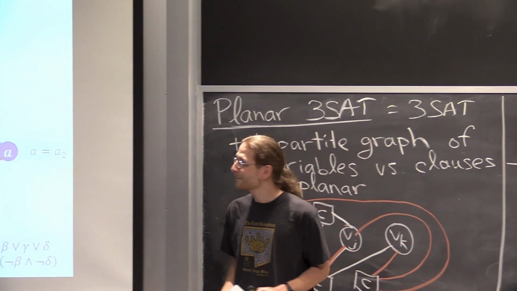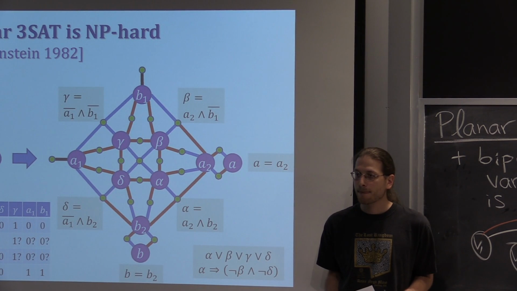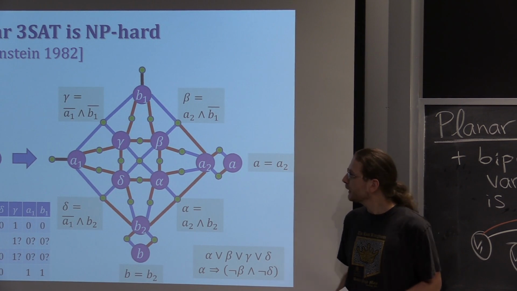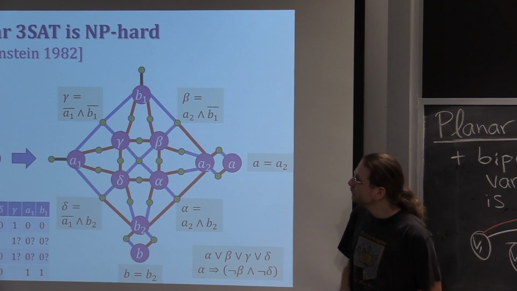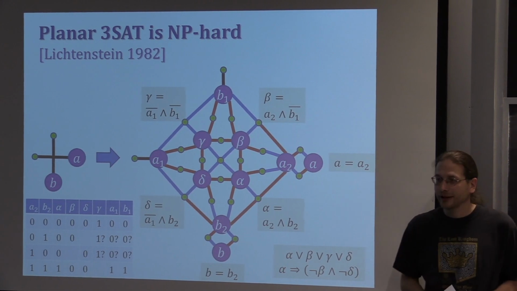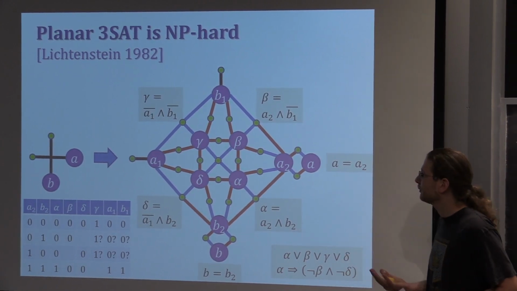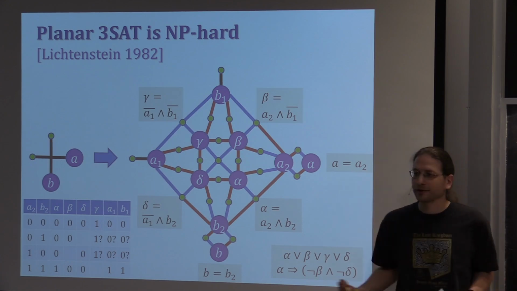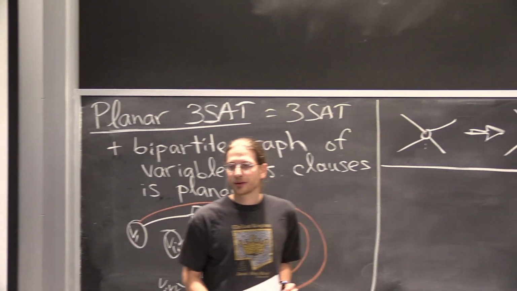Yeah? In the original instance of 3SAT, does it allow two clauses with two variables? For getting planar. Yeah, in general, this would work for any kind of CNF SAT. We're not relying on 3ness at all in this picture. The definition of 3SAT has three distinct variables in each clause.